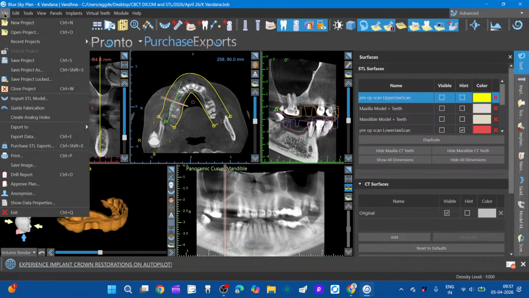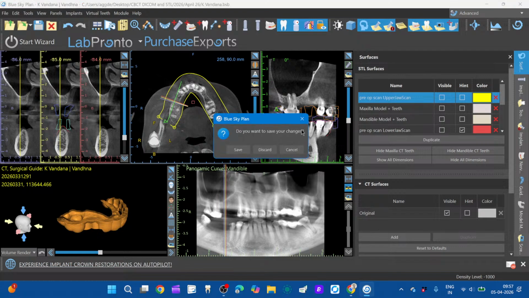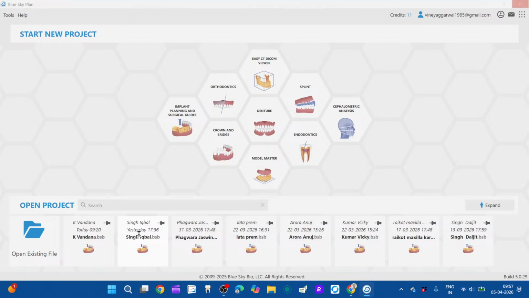The other case is Iqbal Singh, the third one. Second case, we are doing only with the OPG, right?